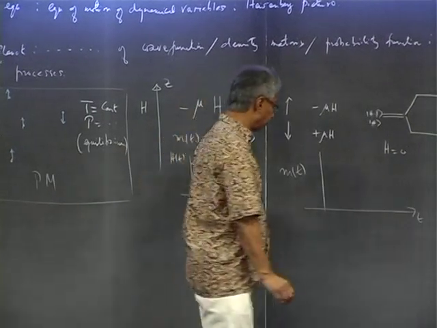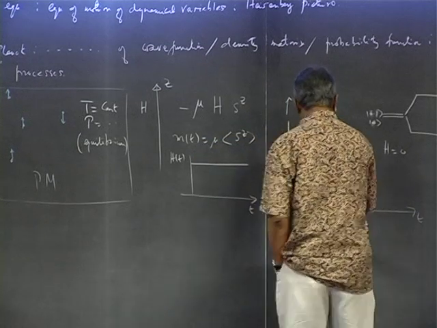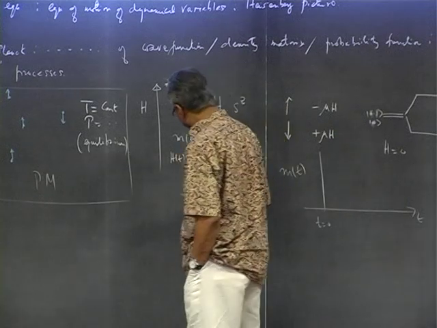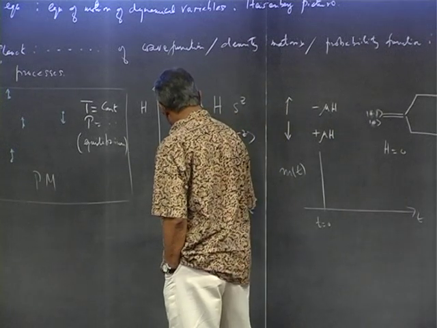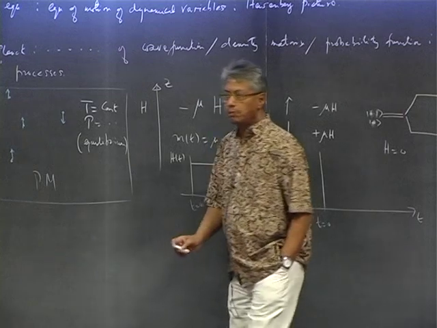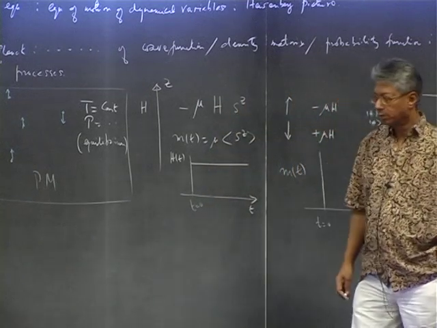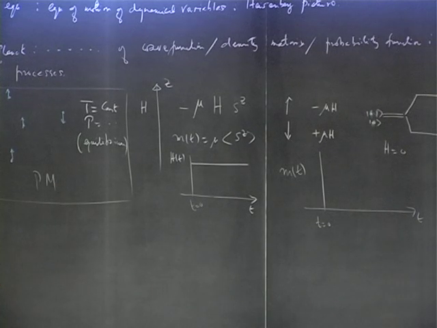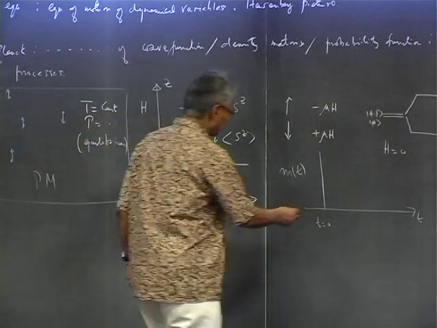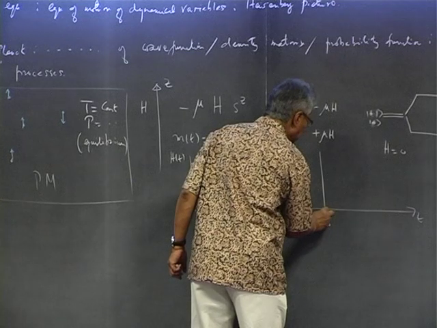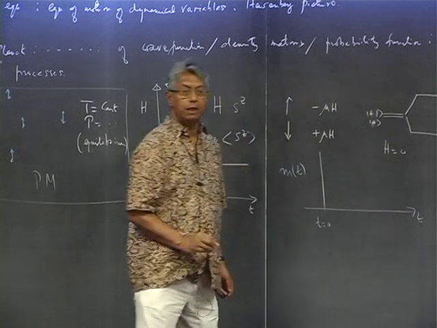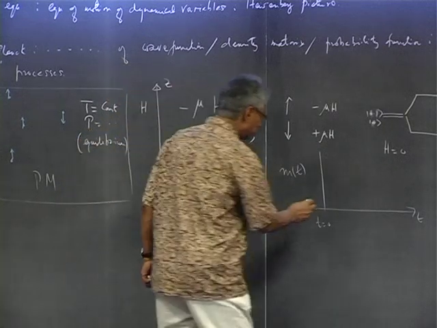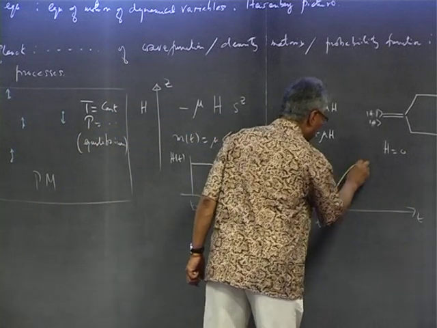To begin with, at time t equal to 0 and backwards, because the field has been switched on at time t equal to 0, the magnetization is actually 0, right? If you now wait long enough, you will see a saturation magnetization.